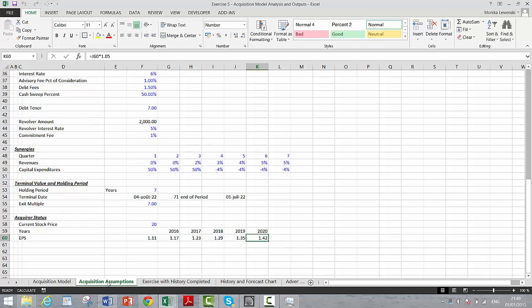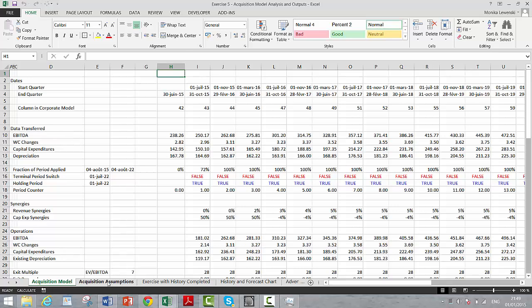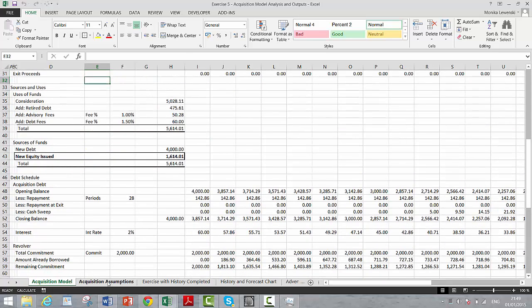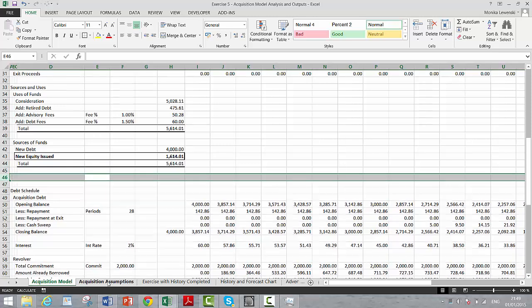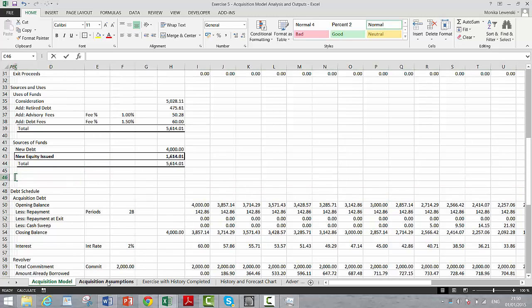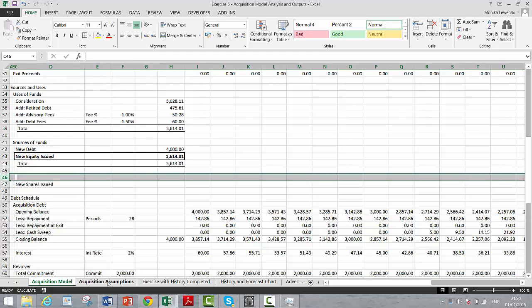Let's see what the implied EPS on our transaction was compared to this. At least we can do some comparison now. We said our current stock price was 20. So if our current stock price is 20 and we issued this much equity, the new shares issued for the transaction would be, let's put the acquirer share price.